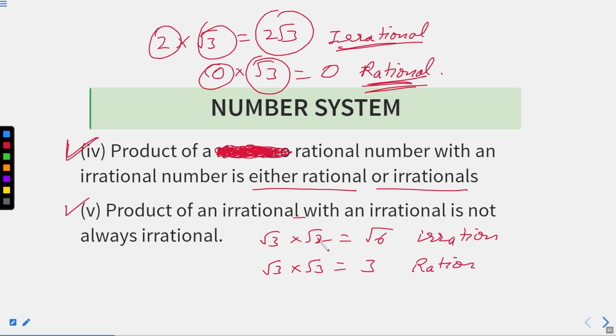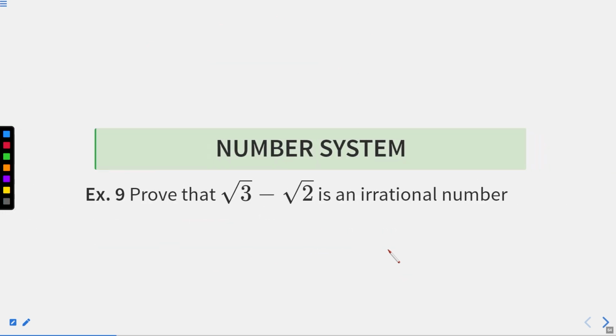So multiplying two irrational numbers is not always irrational. Sometimes we get rational, sometimes irrational. It depends on what we are taking. Okay, clear?